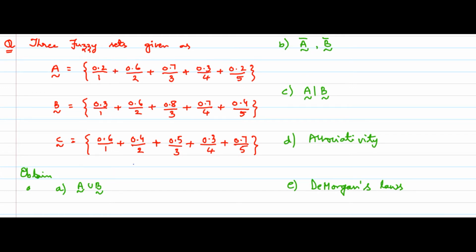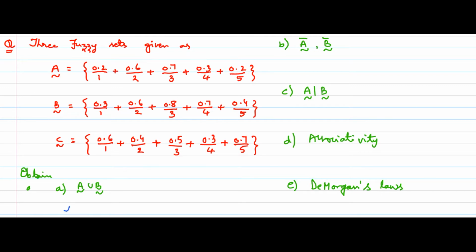Yes, so the question asked is A union B. So we need to keenly observe the things. A union B is the fuzzy set, but we need to write the formula in terms of membership functions. So please write the formula in terms of membership functions.